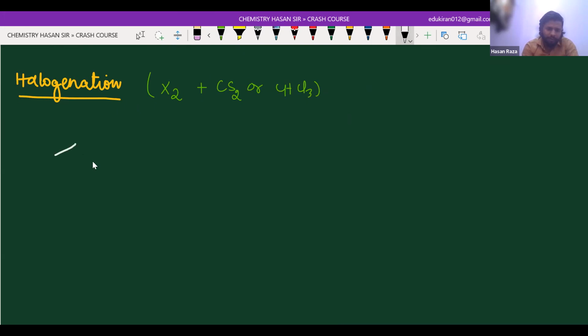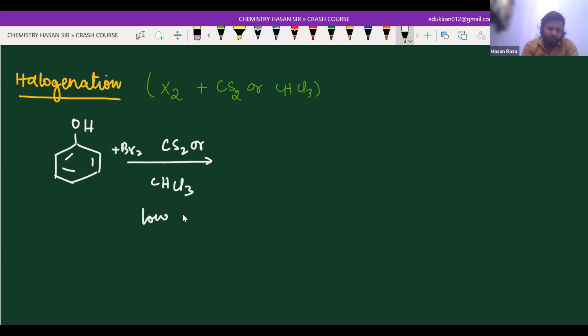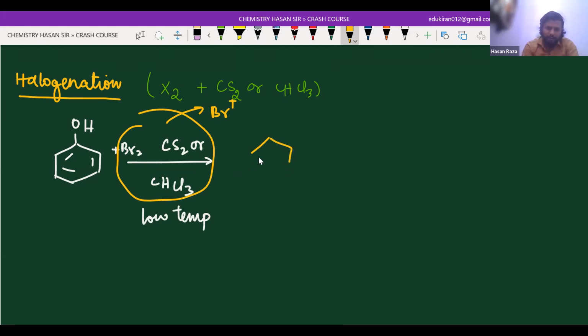If you are going to react this phenol with Br2 in the presence of CS2 or chloroform, you can write, at low temperature, then there will be generation of an electrophile, that is Br plus, and this Br plus will be added at ortho and at para as well.